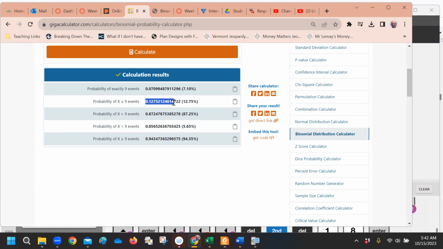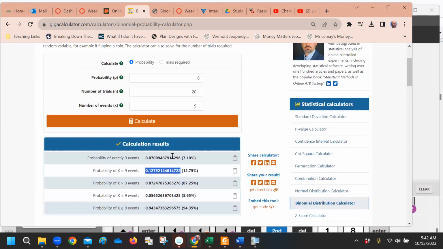And see how that probability is more than 5%, so it wouldn't be unusual. That's what we found with the z-score. Remember, it was negative 1.33 something. So that wasn't unusual either. So this is what you do if you don't have a normal or symmetric distribution.